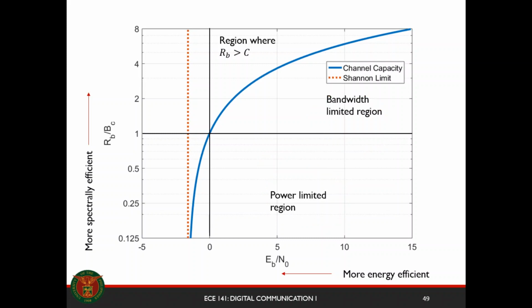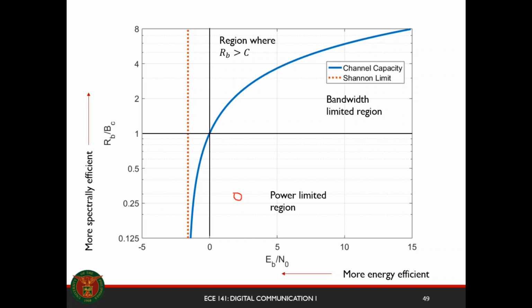The bandwidth limited region is where your ASK, your QAM, your two-dimensional constellations gather. They're somewhere right here, and they have not even approached the Shannon or channel capacity limit. Your power limited region is somewhere here. The power limited region is when you don't have spectral efficiency but you have power efficiency.